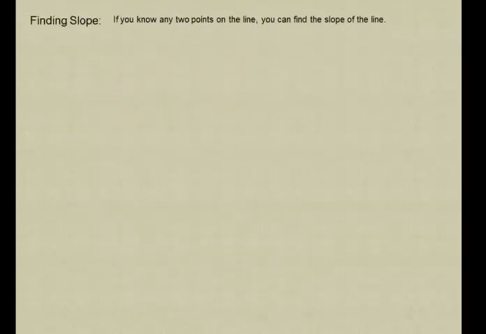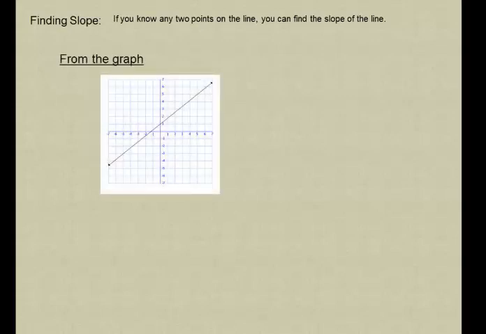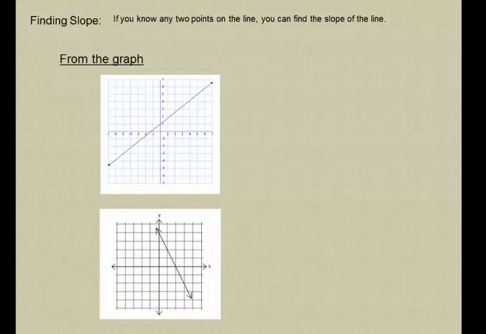Finding the slope: if we know any 2 points of the line, we can find the slope of the line. First, we can find that from a graph. Finding it from a graph, we don't actually have to do much calculation, we just count. We move along until we find a point on the graph, and points occur where the line passes through the crosshatch perfectly.